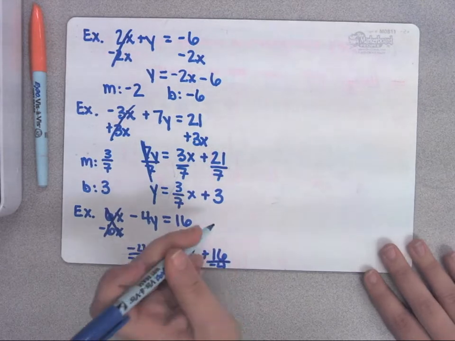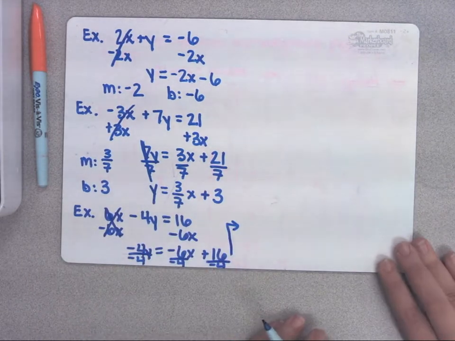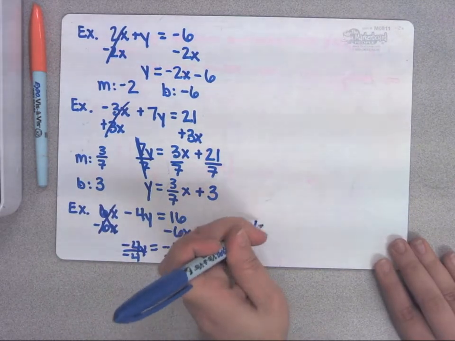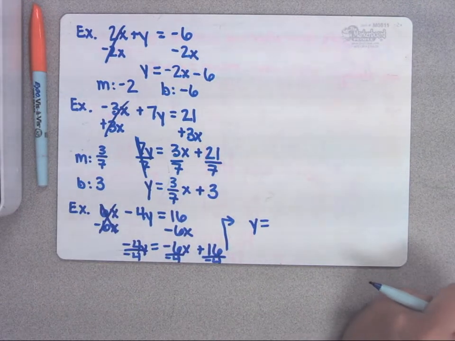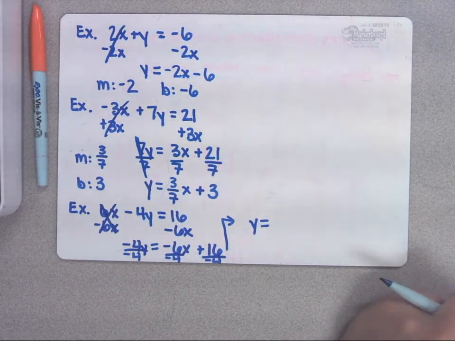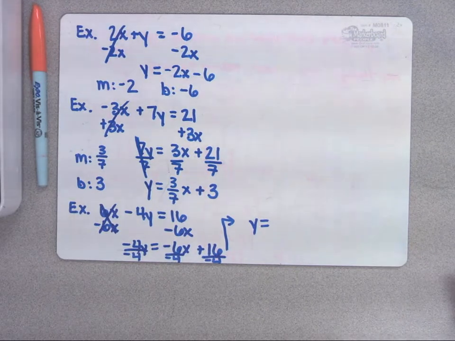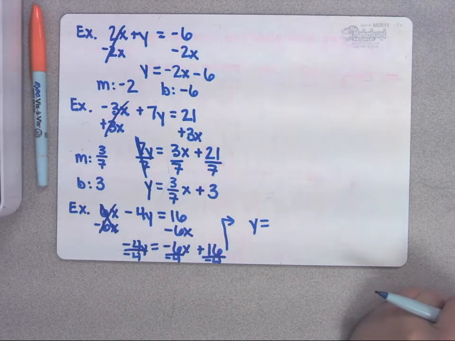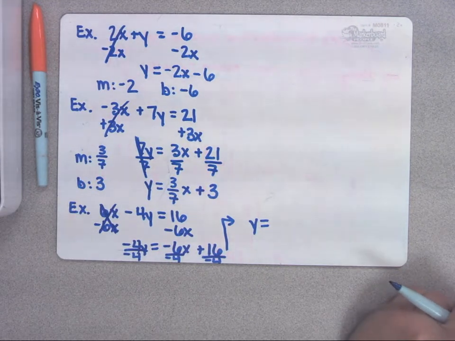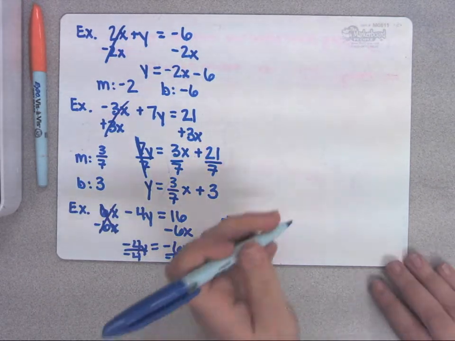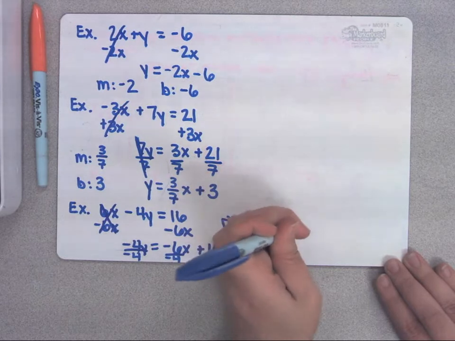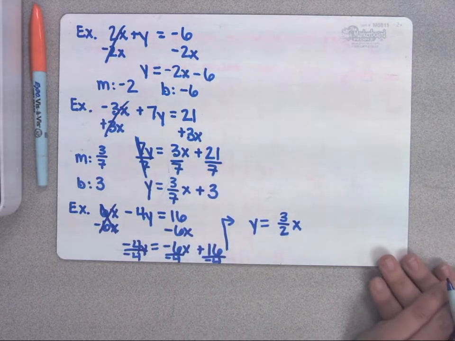Ran out of room. It's chaos, scoot this way. All right, so the y just becomes y. Negative 6 divided by negative 4. Those are both even, so I would type that in and see if it simplifies. It is going to be a fraction, but it's going to be a simplified fraction. What's it going to be, Blake? Which is what is an improper fraction? Yes. So 3 over 2 times x, because a negative over negative is a positive.